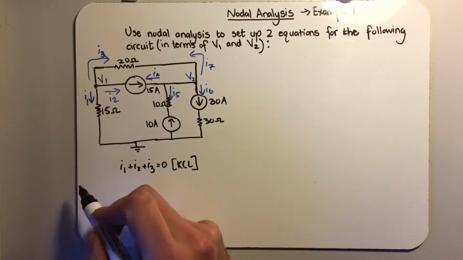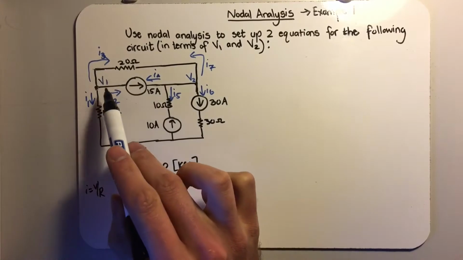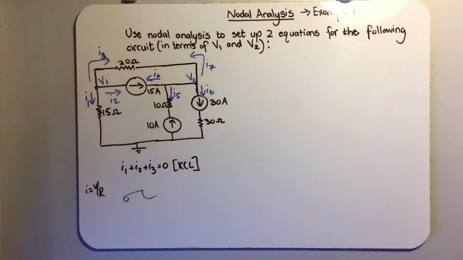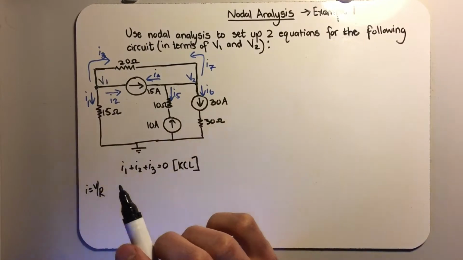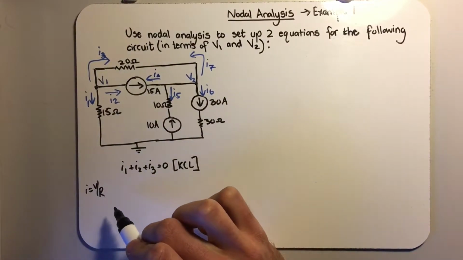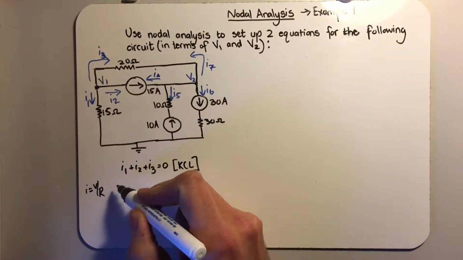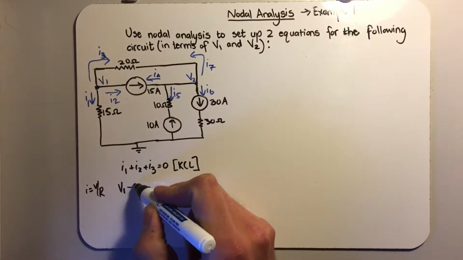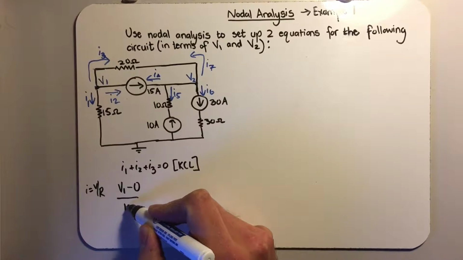So using Ohm's law, I equals V over R, we can say V1 minus, this is ground, so minus 0. Whoa! Sorry, my lid just flew away. So I equals V over R. So then V1 minus 0 voltage there over the resistance, which is 15.